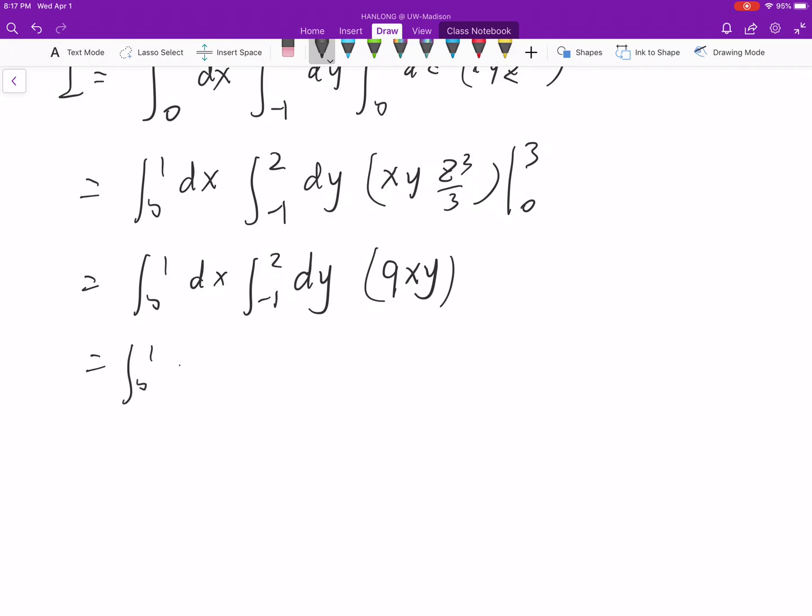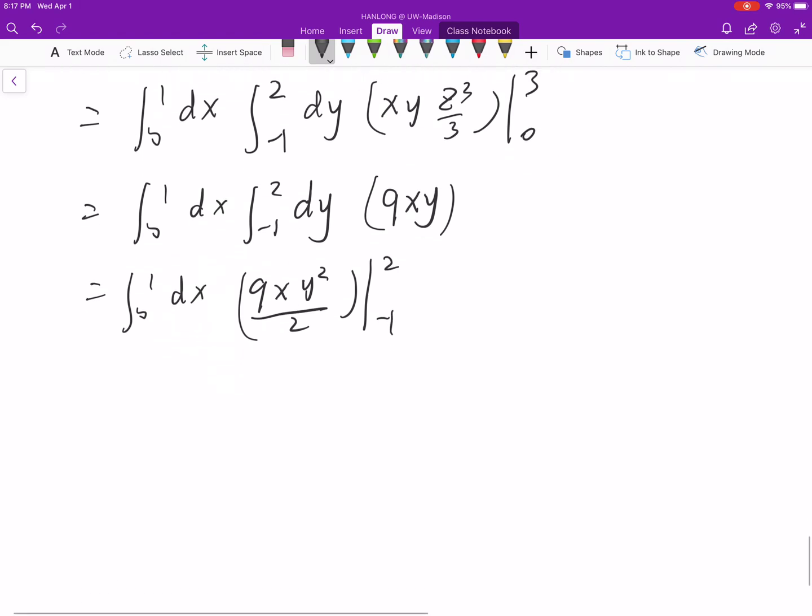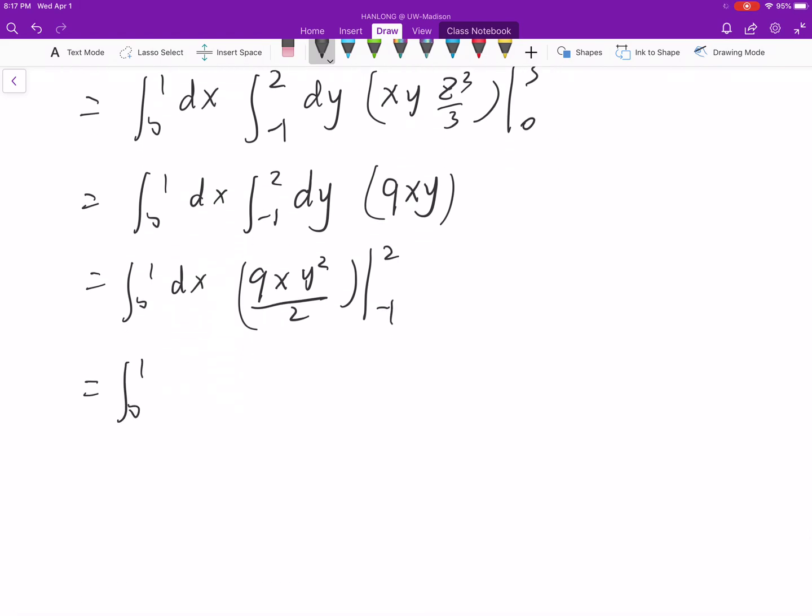So this will be 0 to 1 dx, negative 1 to 2 dy. Sorry, you don't have this anymore. You have 9xy squared over 2, evaluated at 2 and negative 1. So finally, when you plug in 2, you have 9x times 4 over 2, and then plug in negative 1, you have 9x over 2.